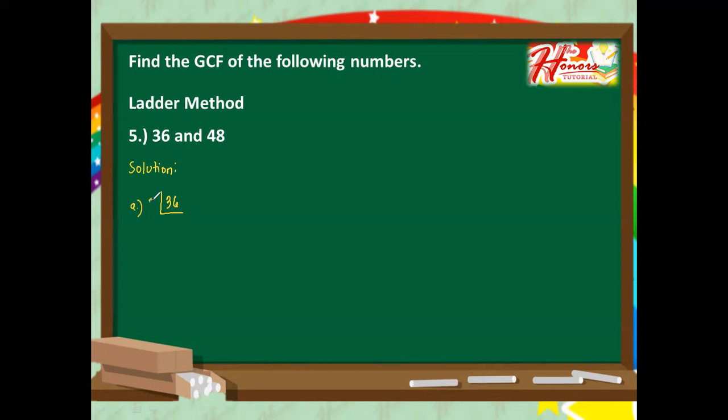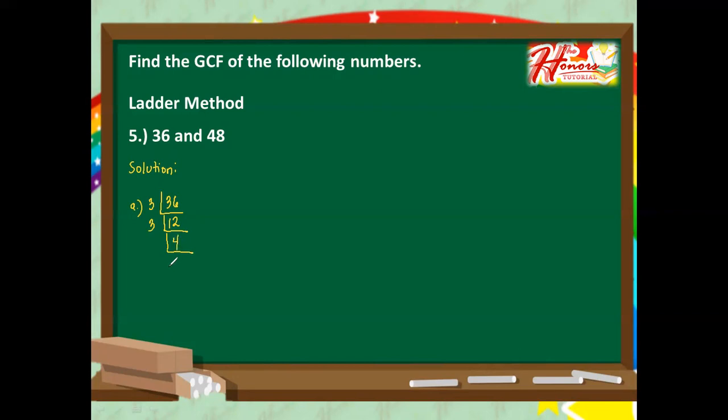That is 3. 36 divided by 3, that is 12. Think of a prime number again that can divide 12, and we can have a 3 here. 12 divided by 3, that is equal to 4.